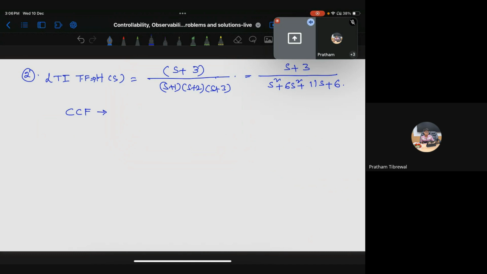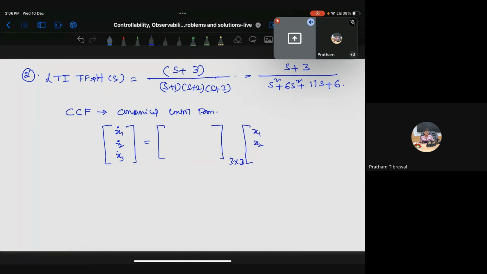CCF is the canonical controller form. The CCF form would look like this: x1 dot, x2 dot, x3 dot, three state variables, and the A matrix should be 3 by 3, with x1, x2, x3 plus the input u.